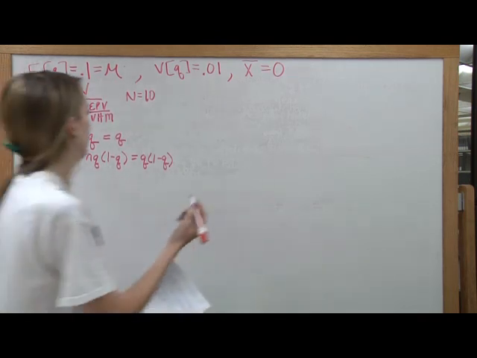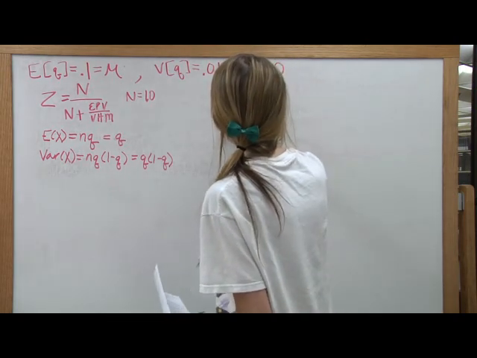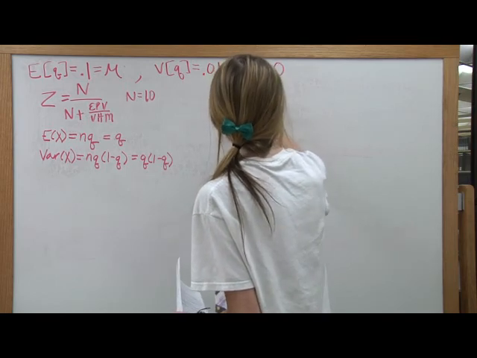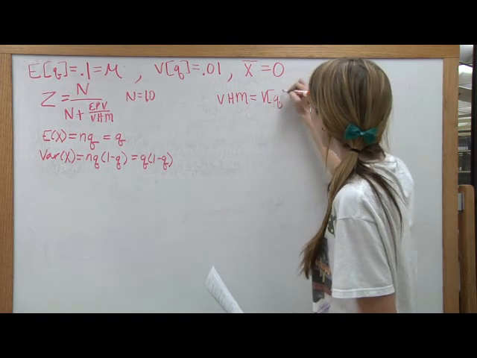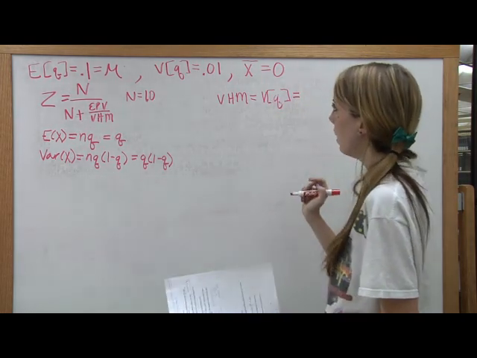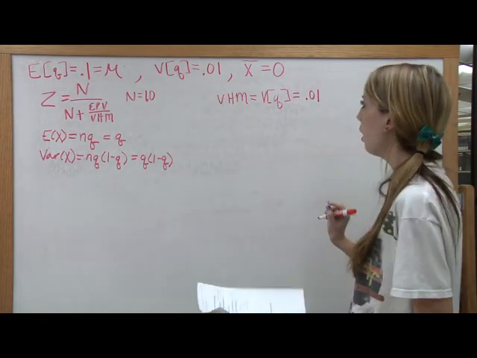So the variance of the hypothetical mean will be the variance of Q. Now, we know that that is equal to 0.01. That was given in the problem.